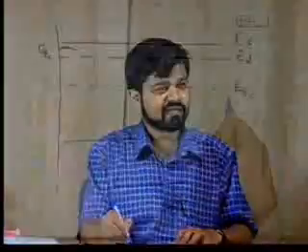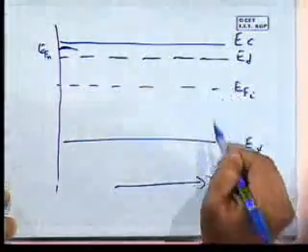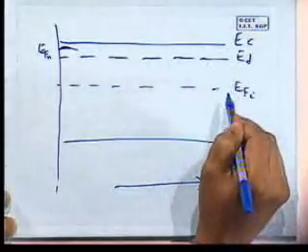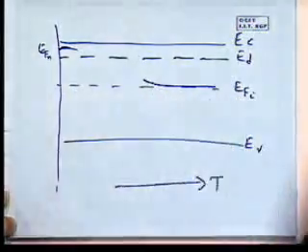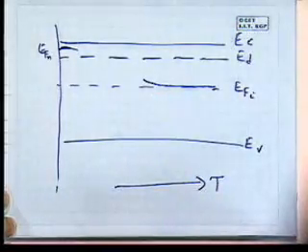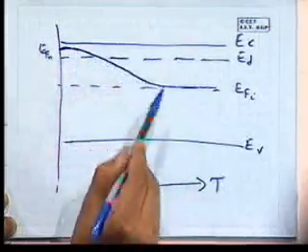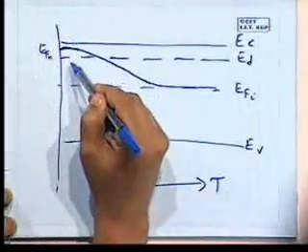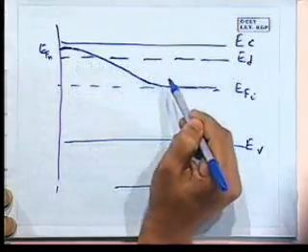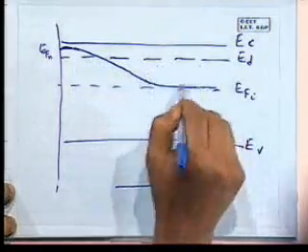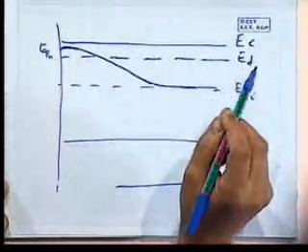Basically EFI, slightly greater than half EG, which is EFI. So eventually at high temperatures it will be at EFI itself. The temperature dependence will follow something like this. It starts between EC and ED, then comes to ED, drops below ED, and eventually at some temperature where it becomes intrinsic, it becomes the same intrinsic Fermi level.